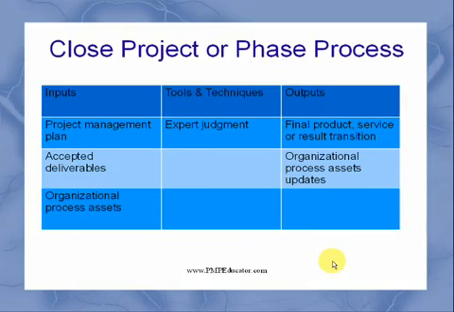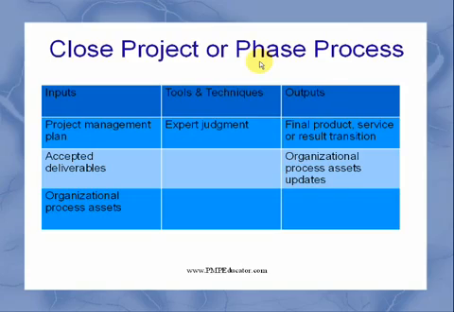So this process, close project or phase process, you can have employed while you are at the end of the project, or it can also be used at the end of each phase. Remember, we mentioned that from one phase to another phase, we have a kill point or the phase gate.